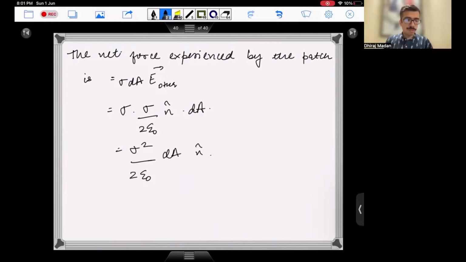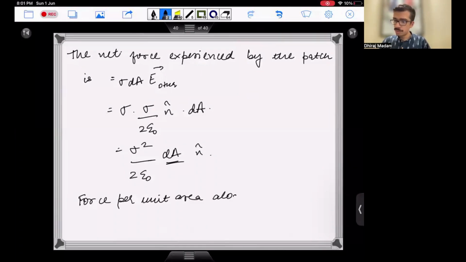Okay. So the force per unit area. So this is essentially for a small patch of area dA. This is the force. So force per unit area along the direction perpendicular to the conductor is sigma square over 2 epsilon naught.